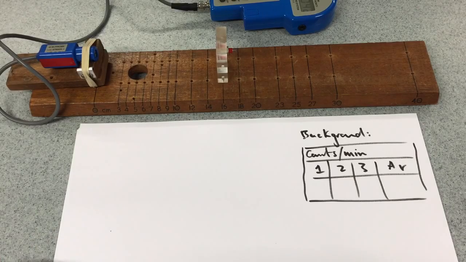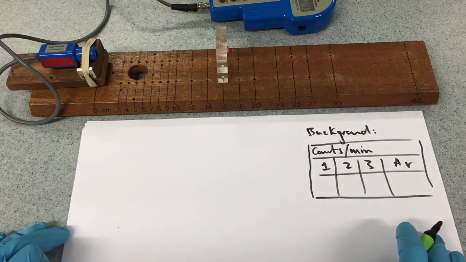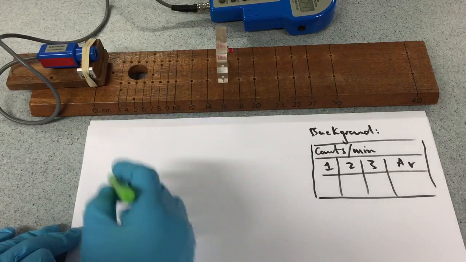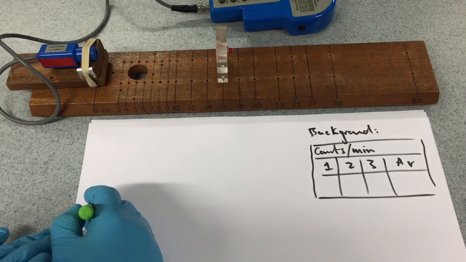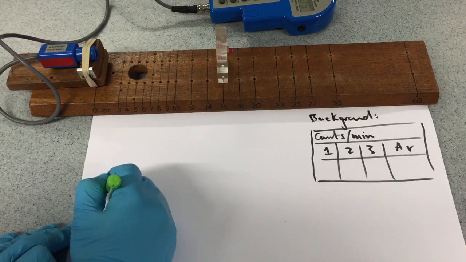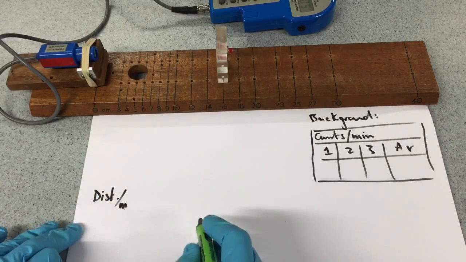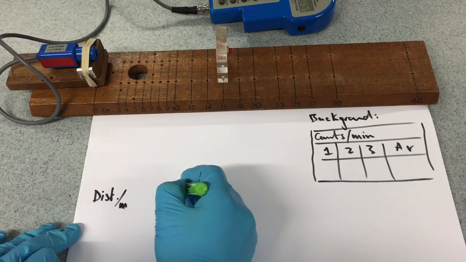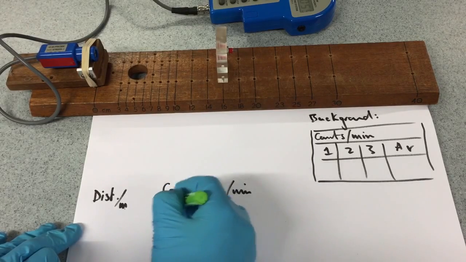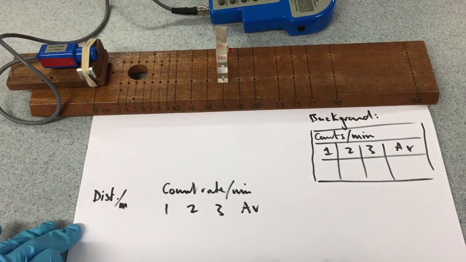And then, from there, what we need to do is build up our table of results. First of all, the distance here is our independent variable. Let's just write in distance in meters. We're then going to be measuring the count rate, which is our dependent variable, per minute, once, twice, 3 times, and an average.